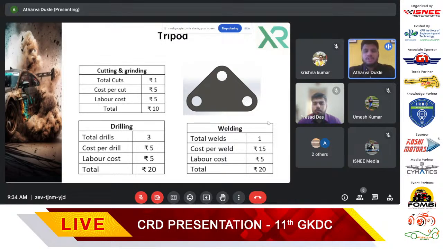So first we took a sheet metal of the desired thickness, we carried out cutting and grinding processes, after which we drilled the holes at desired distances and dimensions that were predetermined depending upon the design calculations that we had done. And then later on, we welded the tripod to a steering column.